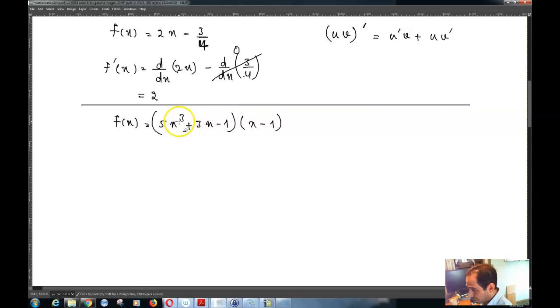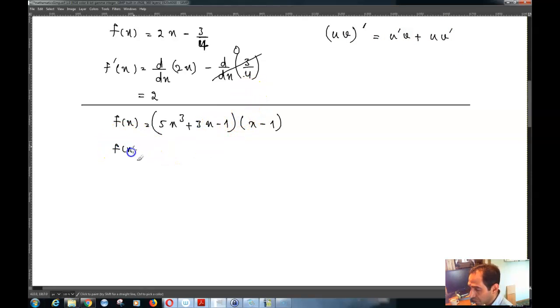So you can treat this as two functions multiplied together, or you can multiply them together beforehand. I think multiplying them would be easier, because that way you would otherwise have to find the derivative of the first function and then the derivative of the other, and then multiply twice. If you multiply once in the beginning, that would be much better.